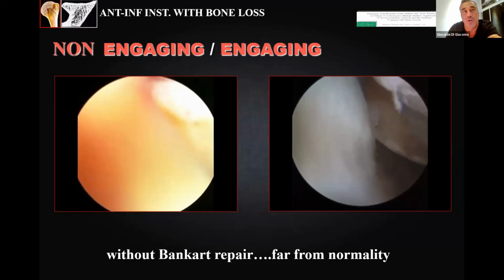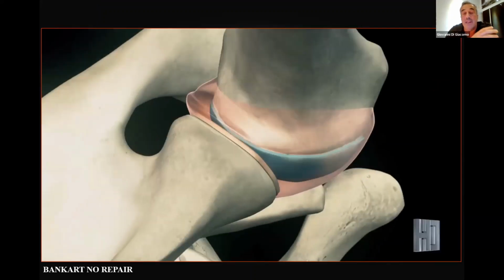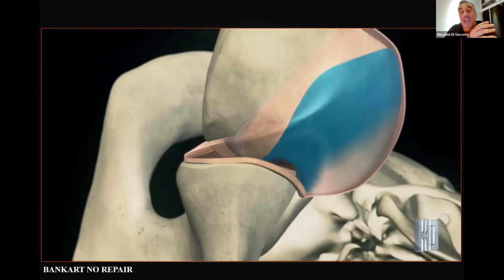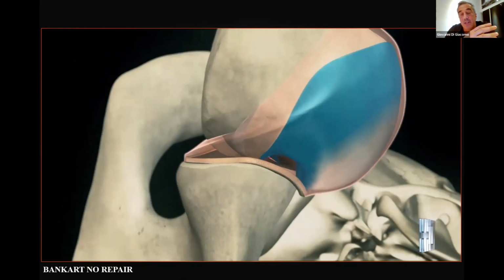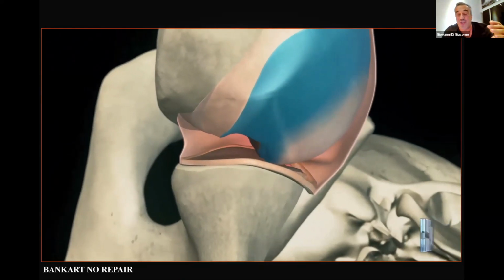According to Pascal Boileau and other researchers, and I agree completely, I think that any Hill-Sachs lesion is engaging. It's up to you how many degrees and how much force you put when you test the engagement.